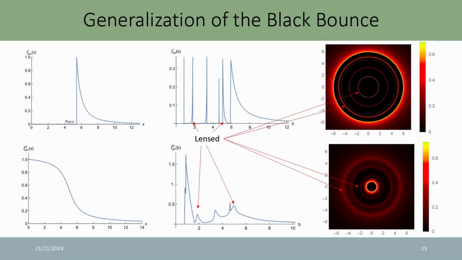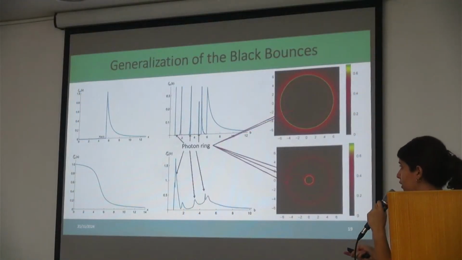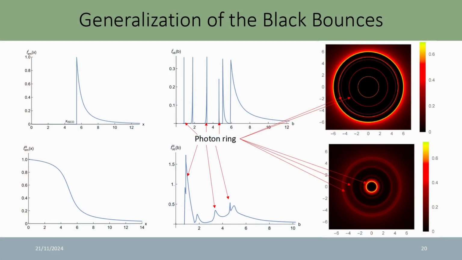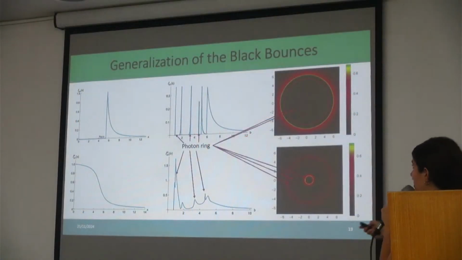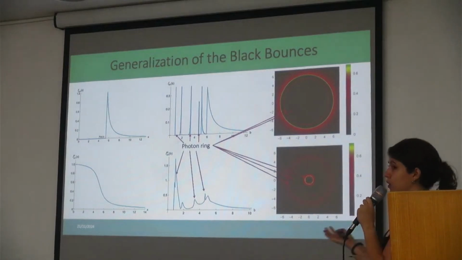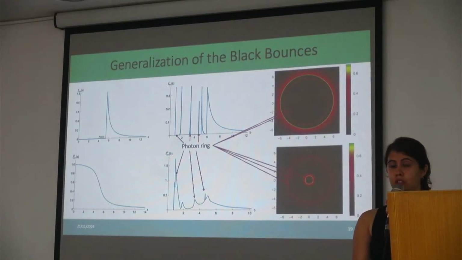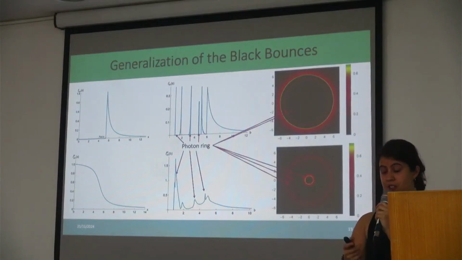Well, perhaps you cannot see them, but they are pointed out there. And finally, we have the photon rings, which usually have an impact parameter range so small that most of them cannot be seen. But here we can already see that if we have two critical curves, it is quite different from the Schwarzschild case.